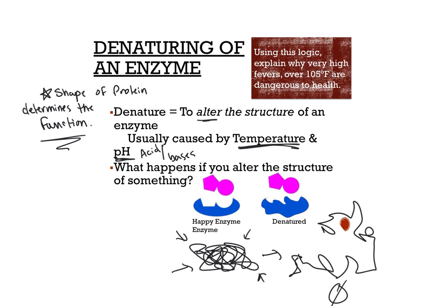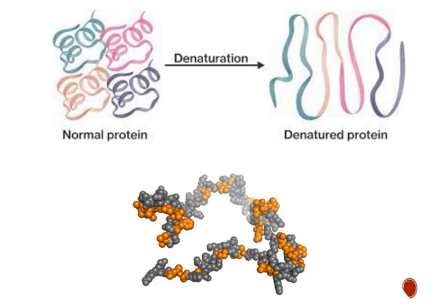And so the technical term we use for this is denaturation, okay? And that's any time the enzymes are damaged in any way by environmental factors, okay? So you can kind of see this again. Same thing here. Here's our normal protein, but extreme temp or pH, and we get a denatured protein.